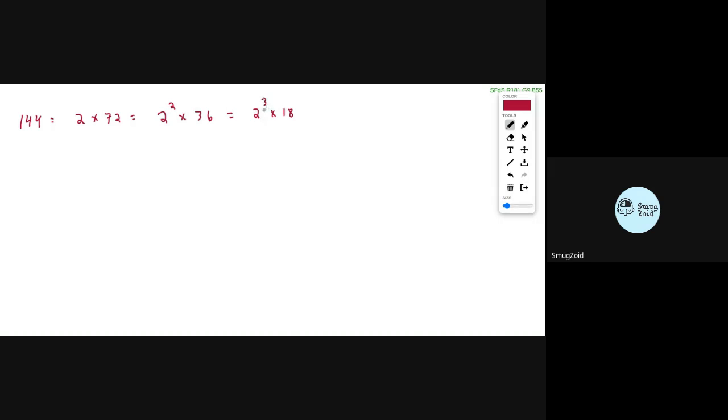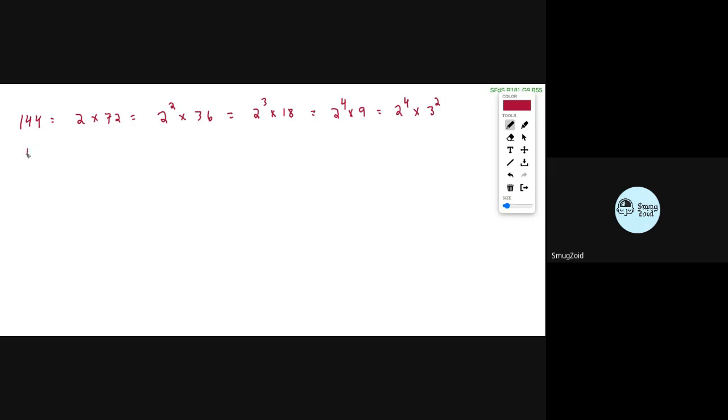I just keep adding a number to the exponent every time I use a 2. And if I do this again, it'd be 2 to the 4 times 9. And if I break down the 9 again, it'd be 3 times 3. I would go 2 to the 4 times 3 squared. Okay. These are the prime factors of 144.